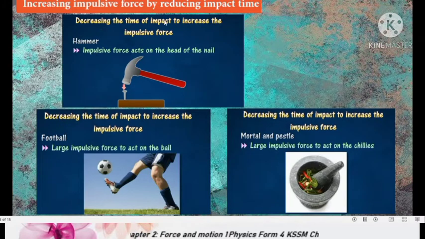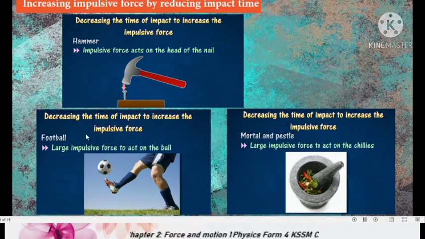How to decrease the time of impact? The hammerhead is made of stone or steel, which is very hard. Once it knocks on the nail, it will produce a shorter time of impact, or larger impulsive force. Or we can increase the change in momentum, which also increases impulsive force.